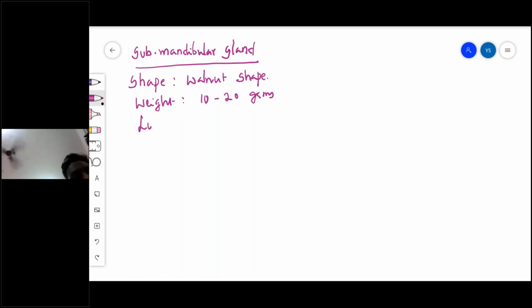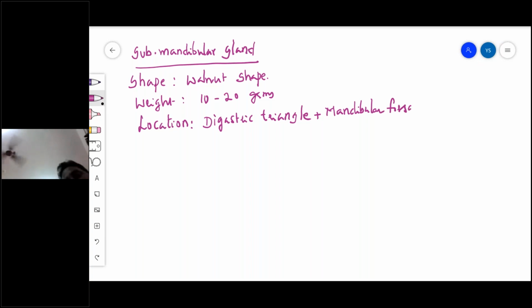Now we come to the location of the submandibular gland. Present within the major part, present within the digastric triangle, and also the submandibular fossa of the mandible.